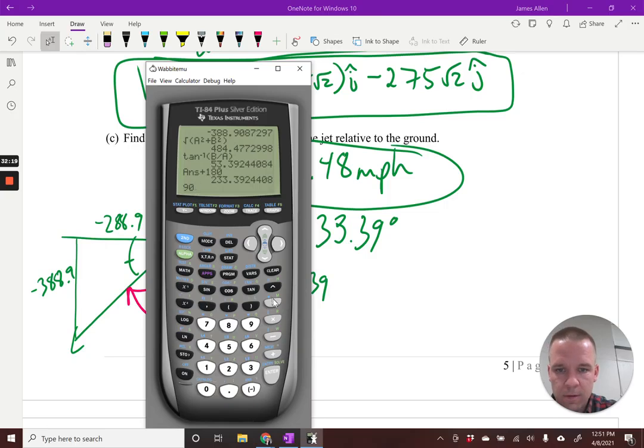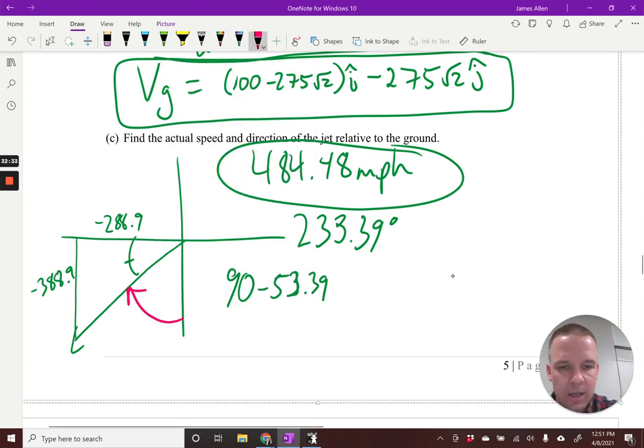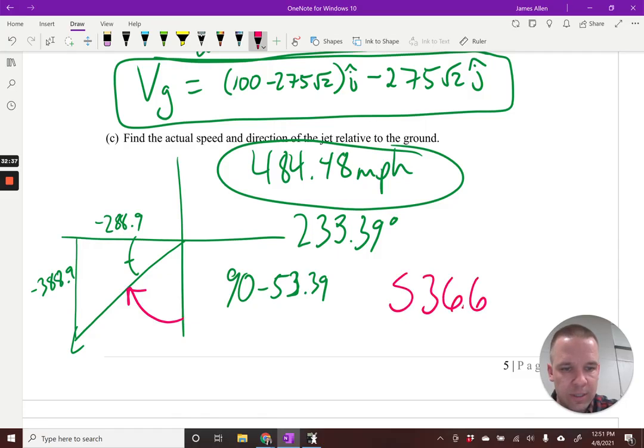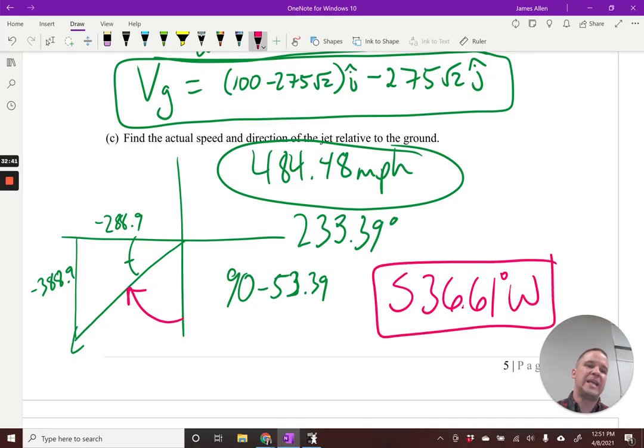So 90 minus 53.39, and boom, that's 36.61. Why is that important? Well, I could say south 36.61 degrees west for my direction. That's why I did that.